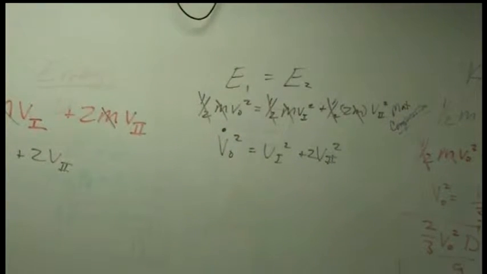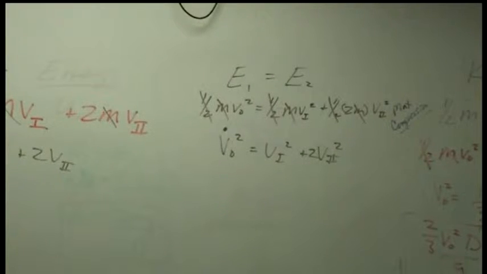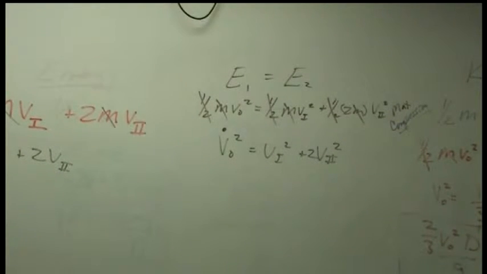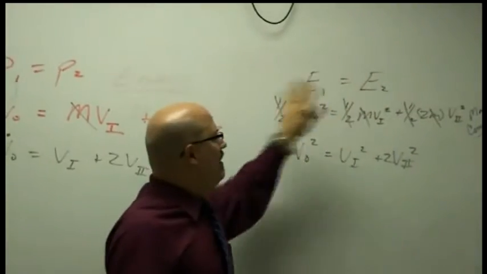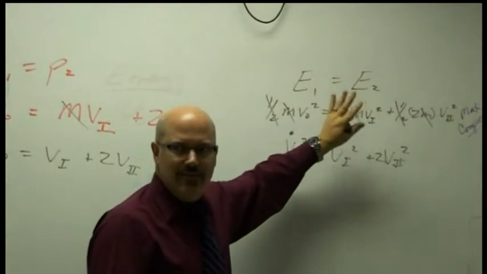Now this will work. But does anybody remember the special trick I told you? That before and after, during an elastic collision, this is our first equation, this is our second equation, but this always gives us the same thing.